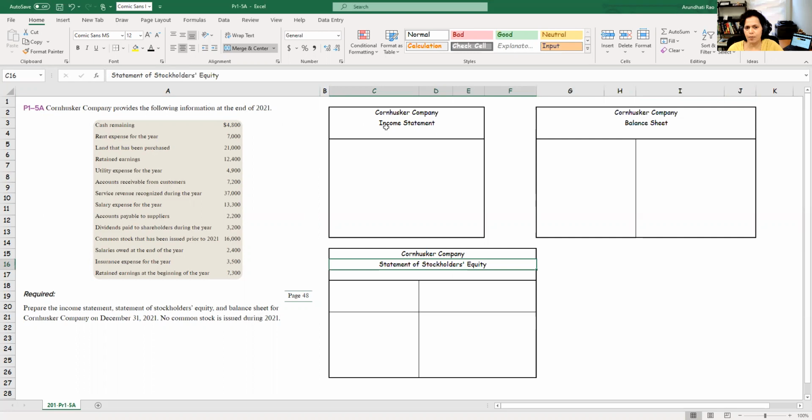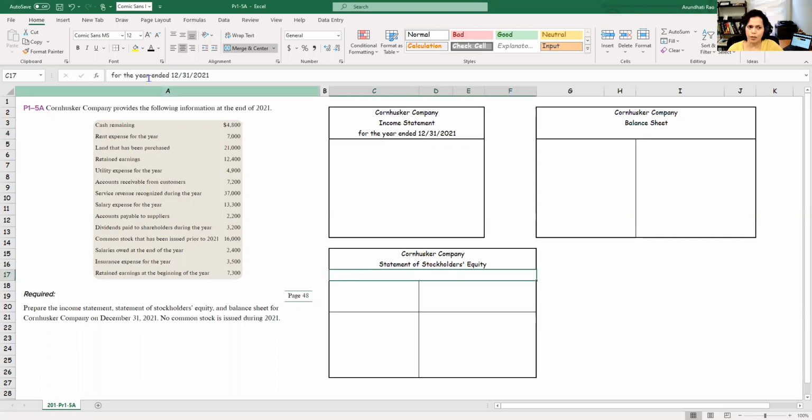So the income statement is basically saying for a period of time. So in this case, it's for the year ended December 31st, 2021, which means all of this information pertains to activities that started on January 1st and ended on December 31st. It's basically giving you all the activities for this period, 12-month period.